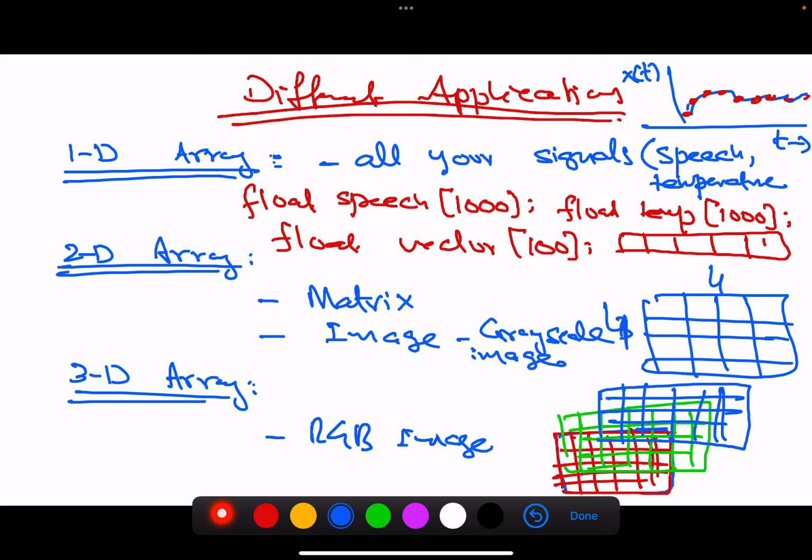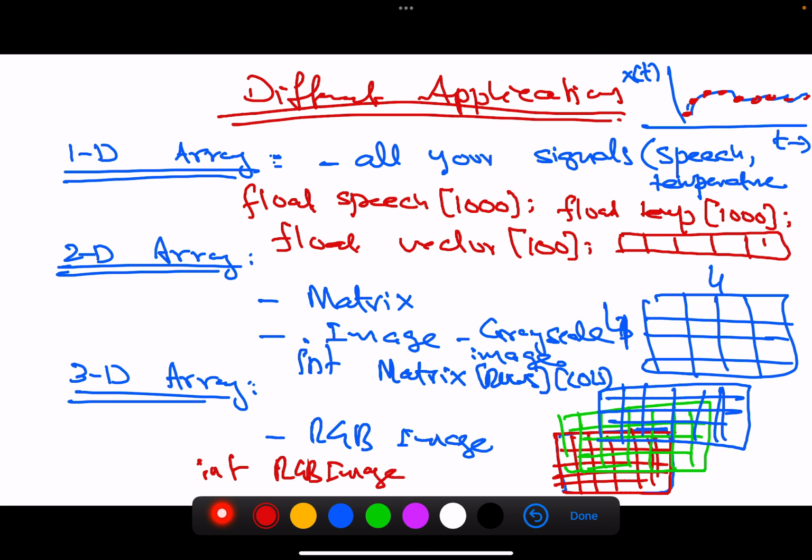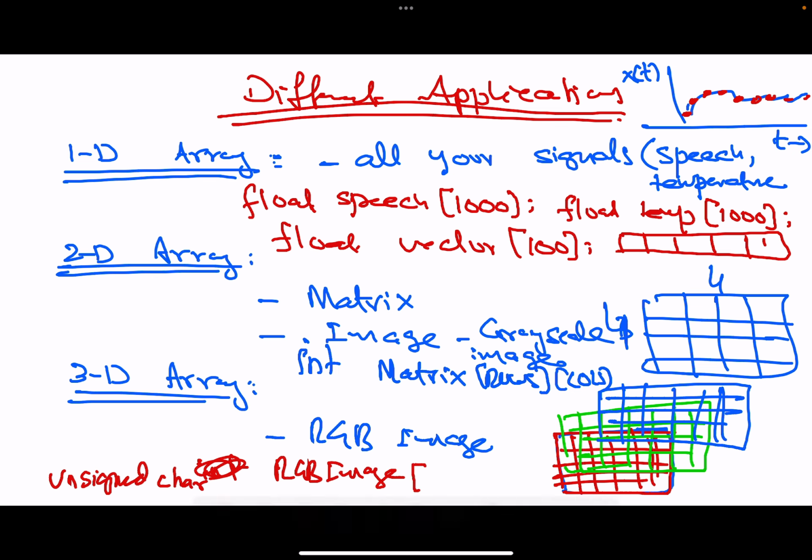So if you have to use it, then for this one, let's say int matrix rows columns. For this one, it could be int RGB image, or it could be unsigned character RGB image.